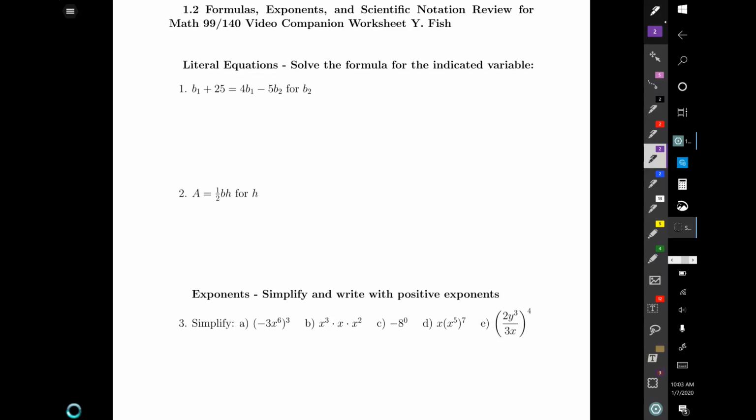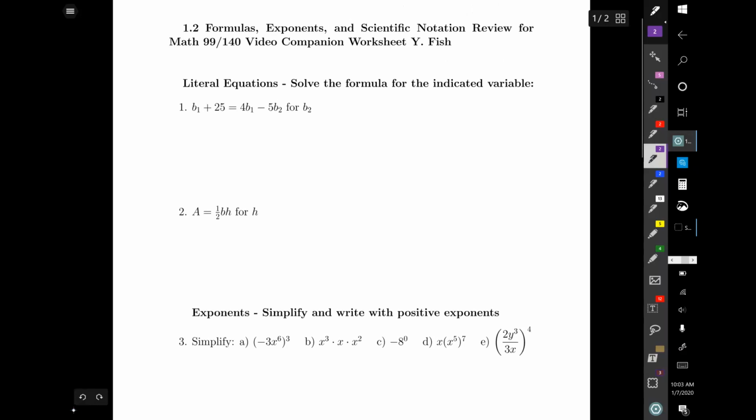But number one, we're going to solve the formula for the indicated variable. B sub 1 plus 25 equals 4 times B sub 1 minus 5 times B sub 2. And we're solving for B sub 2. So the first thing I need to do is get my variable term that has B sub 2 on the right hand side by itself.